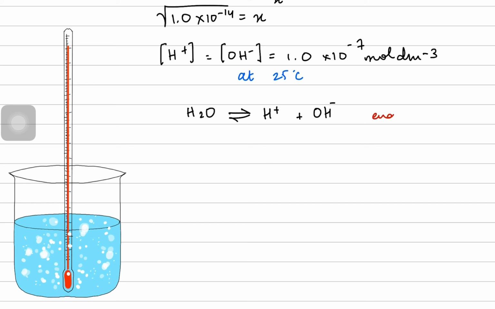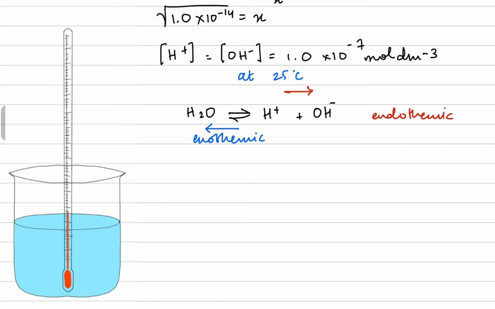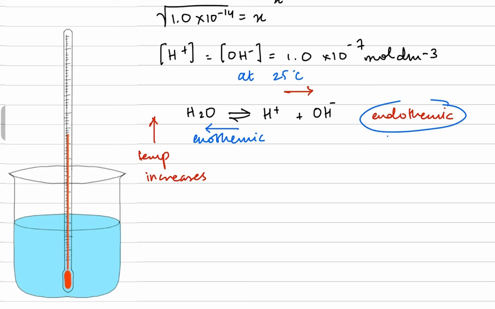Because the dissociation of water is actually an endothermic reaction, and based on temperature, higher temperature favors the forward reaction while lower temperature favors the reverse reaction. If the temperature of the beaker would increase, which means more forward reaction would happen, so more dissociation would happen.